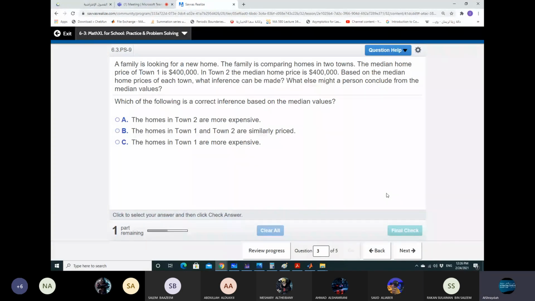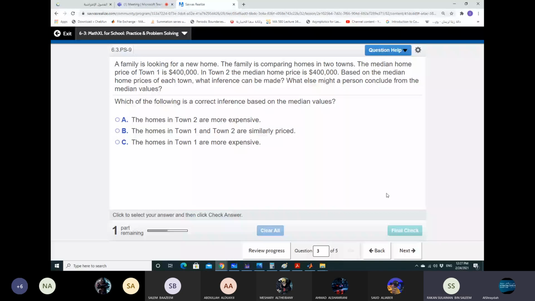Who can read and answer this question? Yes, Rakan. A family is looking for a new home. The family is comparing homes in two towns. The median home price of town one is $400,000. In town two, the median home price is $400,000.